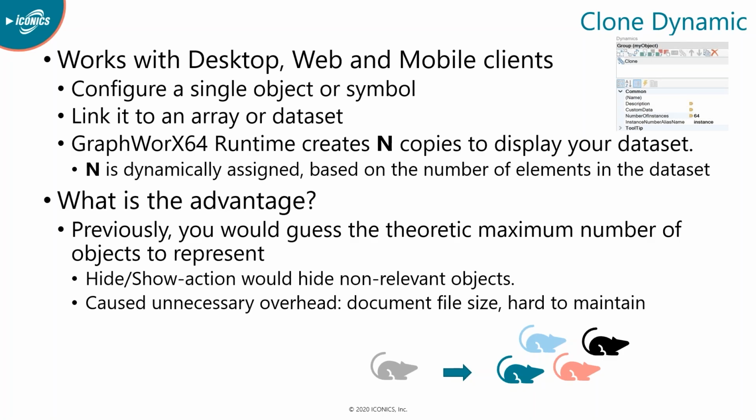And that means that the loading time of your graphic is also a lot slower than required. And in the end, if your graphic is handed over to your colleague in 5 years from now, it would be very hard to maintain your solution. So that's why the clone dynamic will help you to improve that. Also, if you guessed the wrong maximum number, then your solution would not have been scalable in the future.